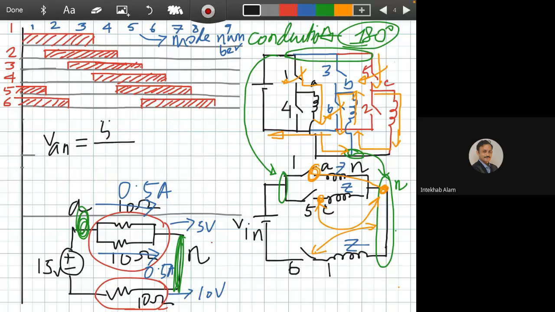The parallel resistance is 5 ohms and the total resistance is 15 ohms, for 3 volts. So we can write 5 volts.